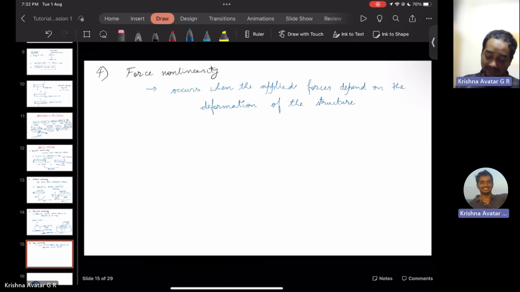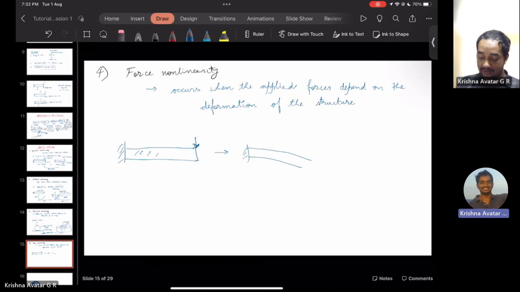And the simplest example, if I would give one, is say you have a cantilever beam. Let me draw a cantilever beam. And say you have a load. As the system deforms, the load changes its direction accordingly.